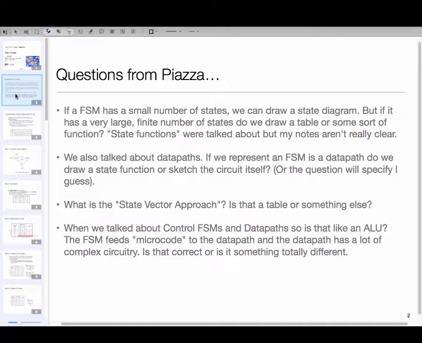The first question was: if an FSM has a small number of states, we can draw a state diagram. But if it has a very large, finite number of states, do we draw a table or some sort of function? State functions were talked about, but my notes are not very clear. So what are the alternative ways we can represent the functionality of a finite state sequential system?